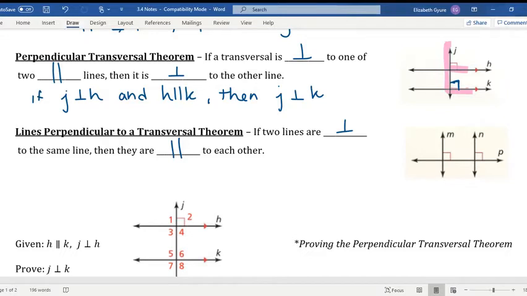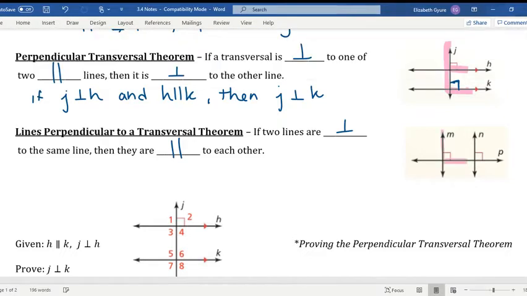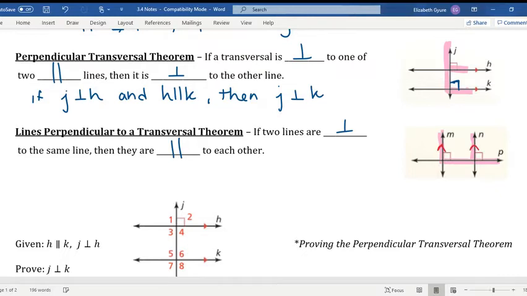Because again, if you box in these corners, isn't that your F shape again? So you have congruent corresponding angles. If those two angles are congruent, then your lines are going to have to be parallel. So that's how that one works.